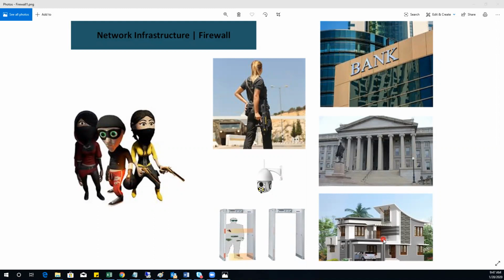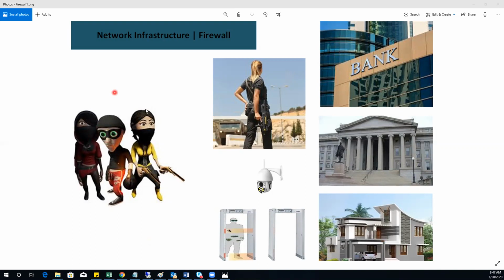So what happened when we thought about the security? At first, we definitely understand the importance of the security, because there are a number of bad guys which you can see in the image here.